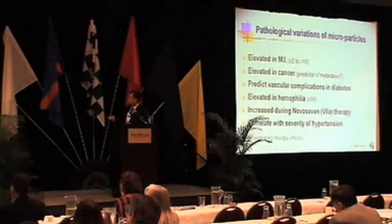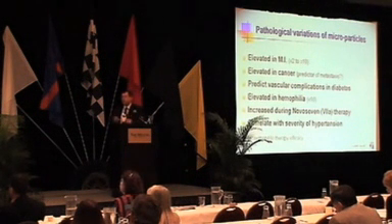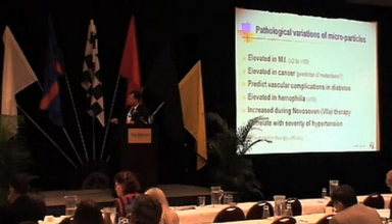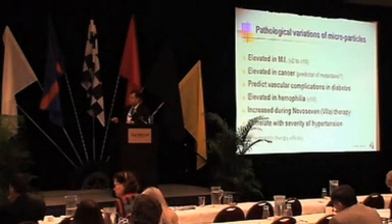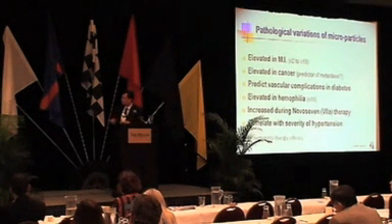The pathological variations of microparticles are documented because there are increasing numbers of papers published on these clinical applications. They are elevated in MI, 2 to 10-fold the normal range, which is below 10 nanomoles.